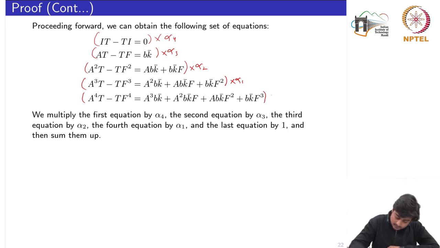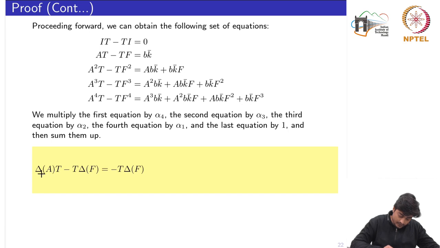Okay, or by 1 or by I. Okay, and we will sum them up. So you would notice that T matrix we can take it common, and the rest of the elements in the bracket would be alpha 4 plus A times alpha 3 plus A square alpha 2, A cube alpha 1 and A 4.